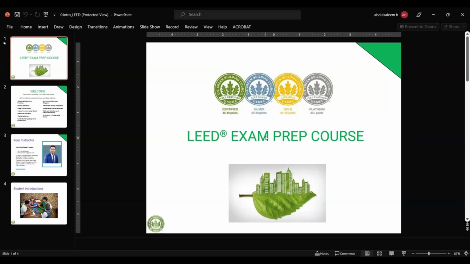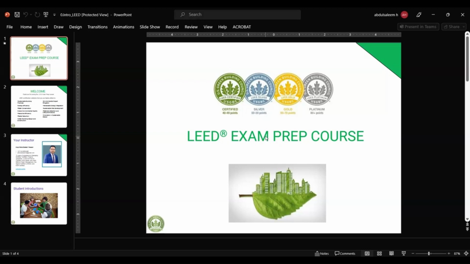So LEED audits. There are two types of certification. One is LEED Green Associate, LEED GA. LEED GA is a basic certification which doesn't require any experience. It gives a basic awareness of the LEED standards.